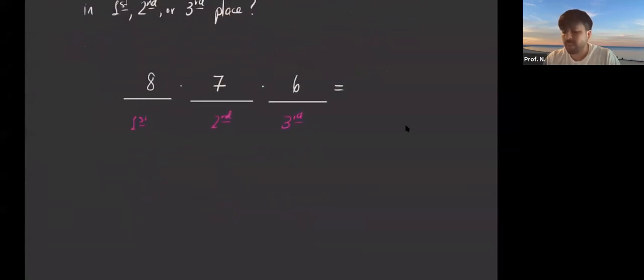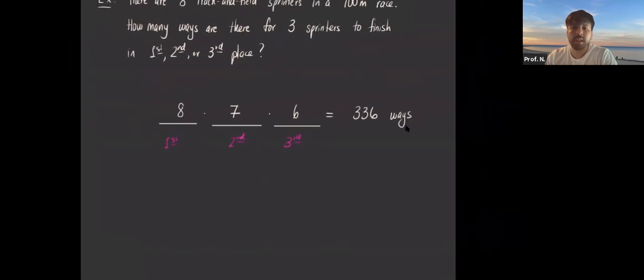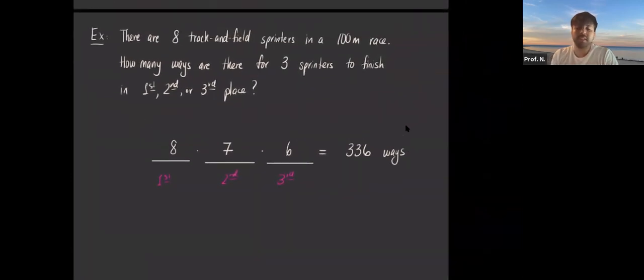You can actually compute it yourself, right? 8 times 7 times 6. And when you do that, there are 336 possible ways for 8 people to finish in the first 3 places.